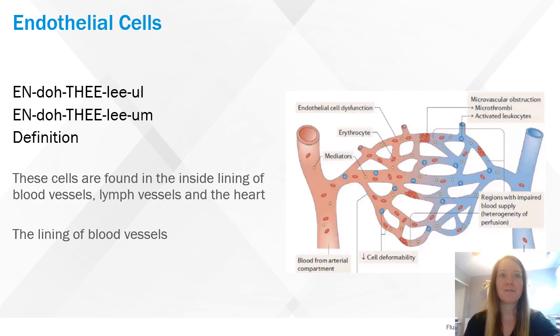These cells are found in the inside lining of blood vessels, lymph vessels, and the heart. So technically it's the lining of the blood vessels, but it's very important to remember that almost all tissues depend on a blood supply, and the blood supply depends on the endothelial cell. This is why sepsis is so complicated, because the endothelial cells are damaged during sepsis.